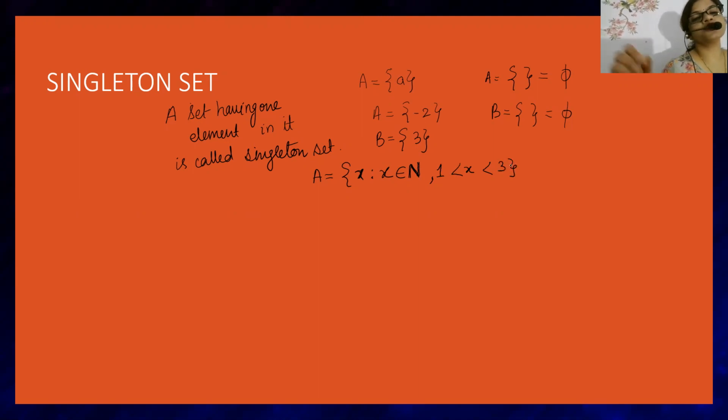Then tell me, what is Khushbu auntie's number? Auntie is coming between 1 and 3. 2. Very good. So how many elements are present inside the set? Only one answer will come for this, and that is 2.